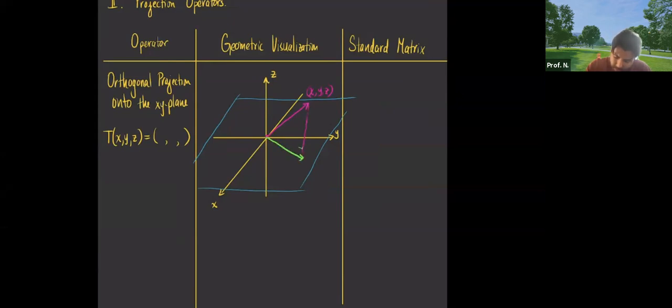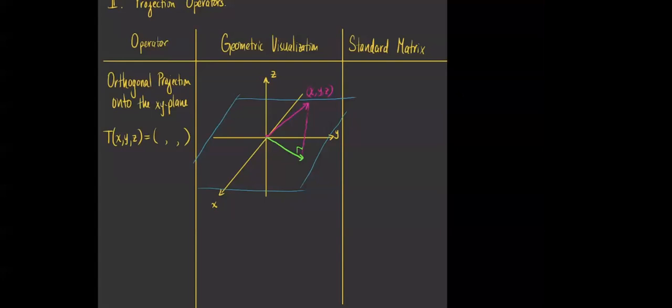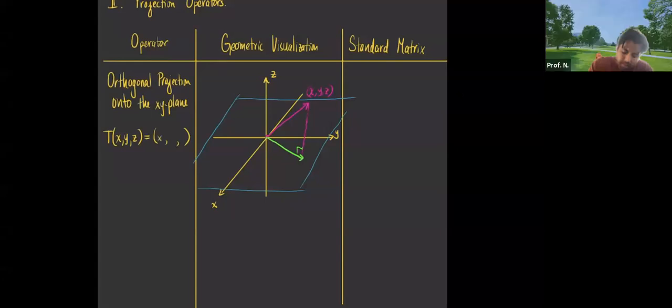So then what would be the orthogonal projection of the vector with coordinates X, Y, Z onto the XY plane? X, Y, 0. That's right. So we got X, Y, 0.